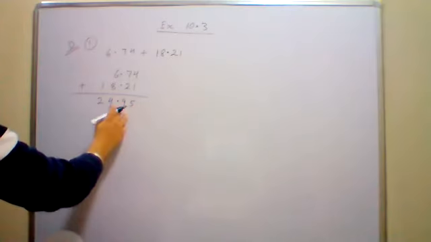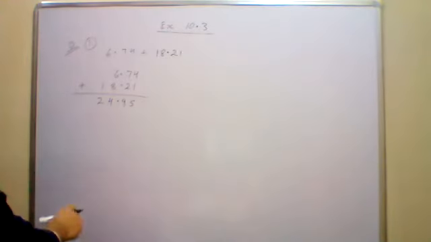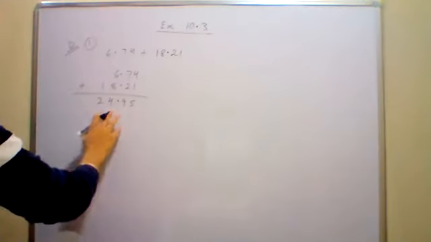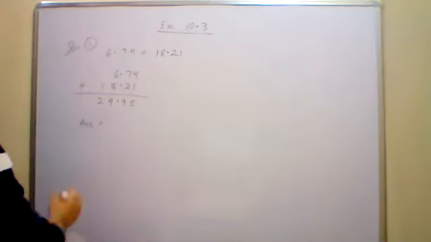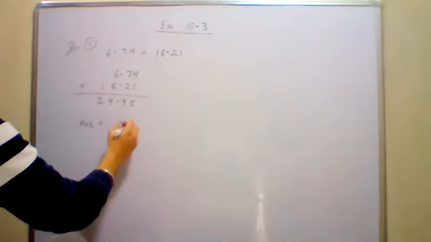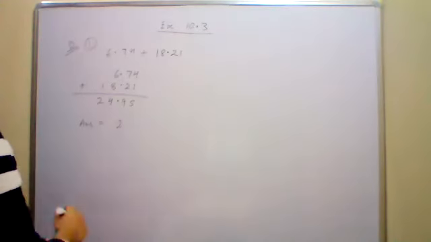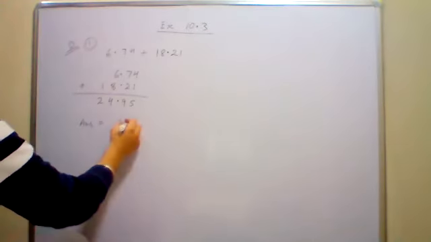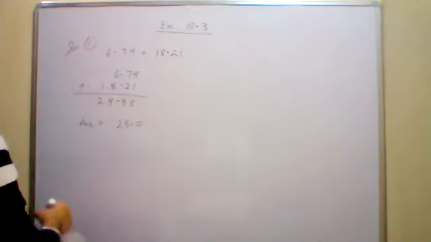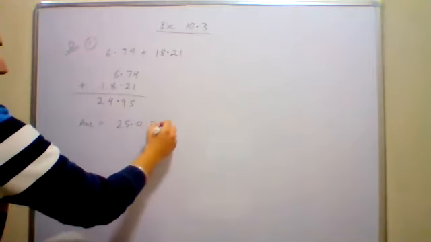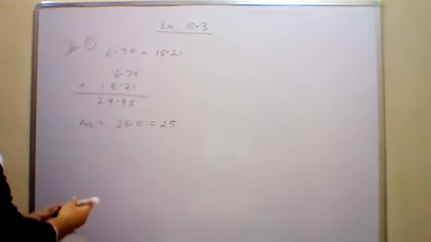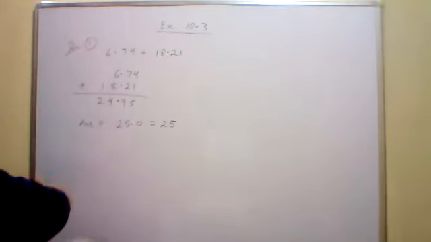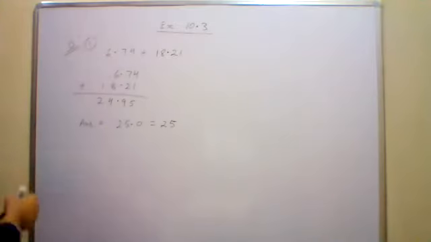Now you have to write your answer in one decimal place. When you round 24.95 off to one decimal place, your answer will be 25.0, which is equal to 25. Simply you can write 25.